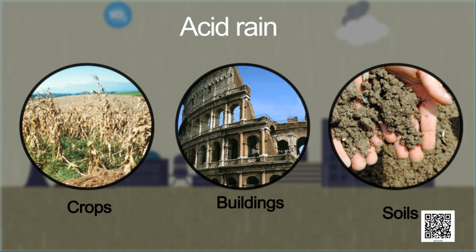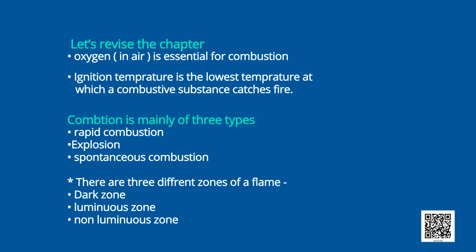Now, dear students, let's revise this chapter. Oxygen in air is essential for combustion. Ignition temperature is the lowest temperature at which a combustible substance catches fire. Combustion is mainly of three types: rapid combustion, spontaneous combustion, and explosion.